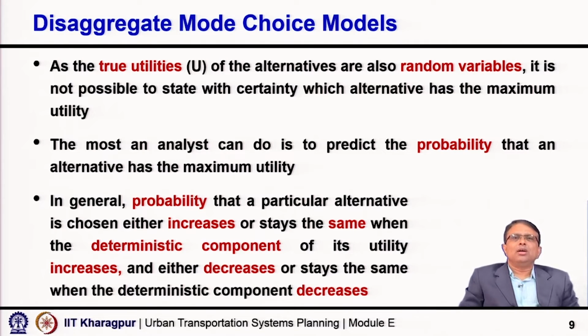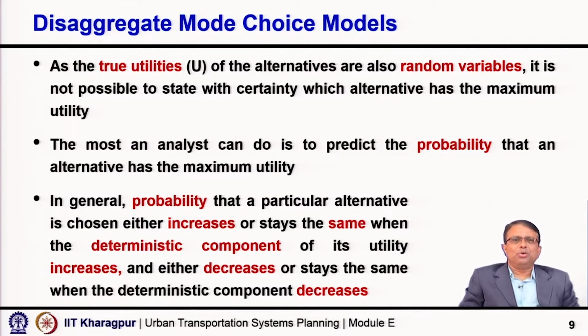So, in general, what is found is that the probability that a particular alternative is chosen either increases or stays the same when the deterministic component of its utility increases. That means, if the deterministic component of the utility increases, the probability of choosing that alternative will either increase or remain the same, and it may decrease or stay the same when the deterministic component decreases.